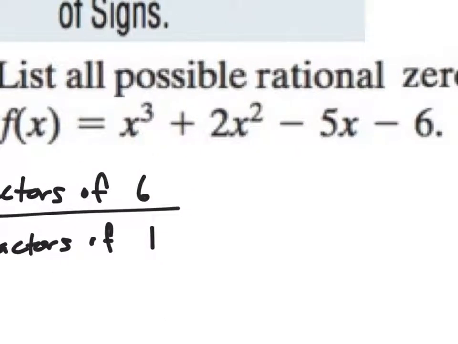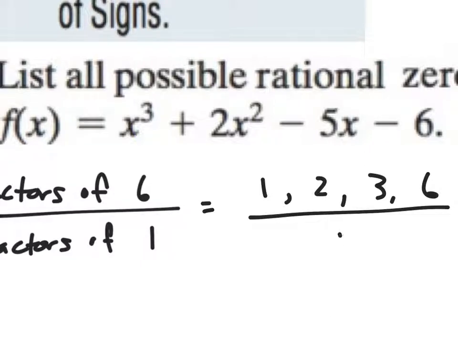My factors of 6 would be 1, 2, 3, and 6. Now my factors of 1 is just going to be 1. So what I would have is plus or minus all of these numbers over 1.